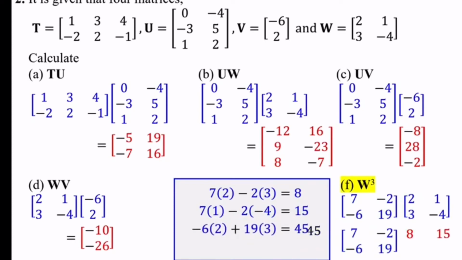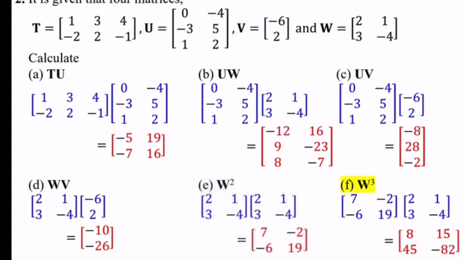So we'll get the answer, which is 45. And the final answer will be negative 6 times 1 plus 19 times negative 4, which is negative 82, right? Okay, so sorry, it's 19 times negative 4, not 9. So your answer is negative 82.